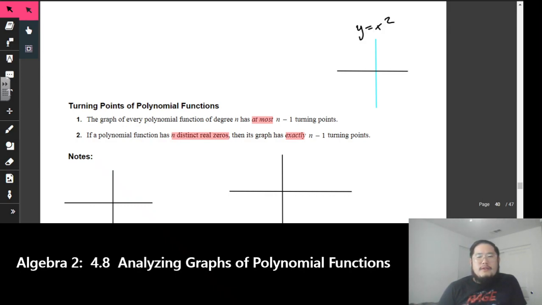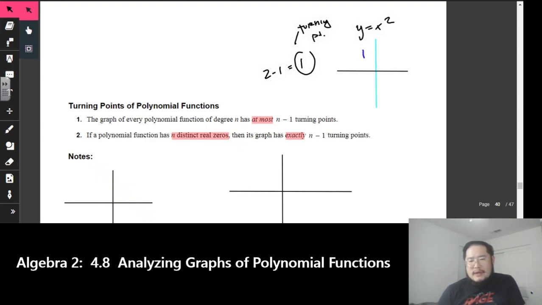The degree of the polynomial is 2. Well, what they're saying is that if you take 2 and subtract 1, you're left with the number of turning points, which means we have 1 turning point. And isn't that a true statement?